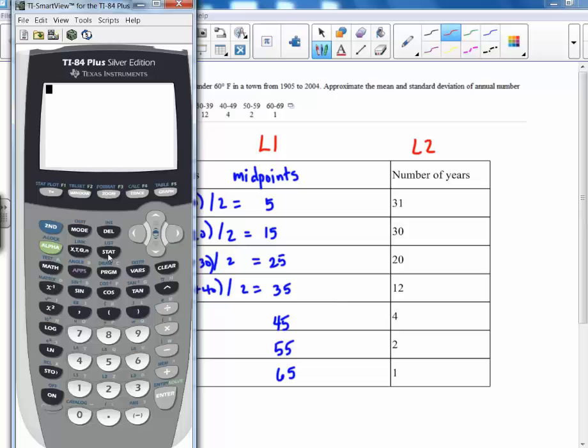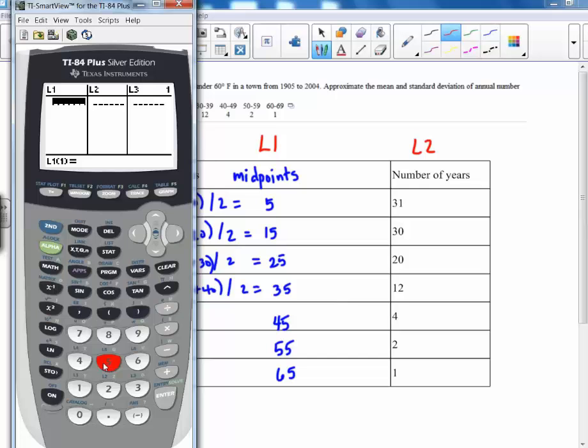So to put my data into the list, I press the Stat key and choose number 1, which is Edit. And I see I already have something in my list, so I'm going to toggle up and land on L1. See how it's highlighted? I'm going to touch the clear key and then the down arrow key, and it all goes away. And so list 1 is where I want to put the midpoints.